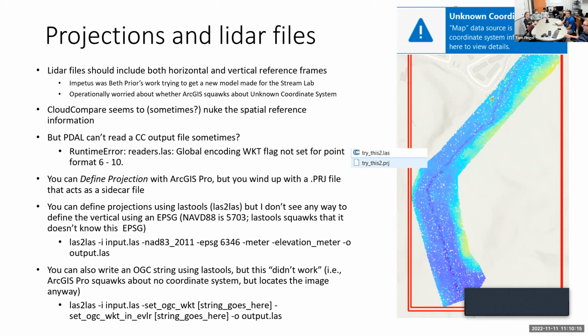But one of the things that she found is that when she uses CloudCompare to do some of the alignments that she needs to do, by the time she spits it back out again, the projection information has been erased. So it becomes a little like our CID data, right? There's coordinates, the space means things, but it's not like located on the Earth's surface anymore. And in fact, it is, it just doesn't know where. So this was a surprisingly annoying problem to deal with.